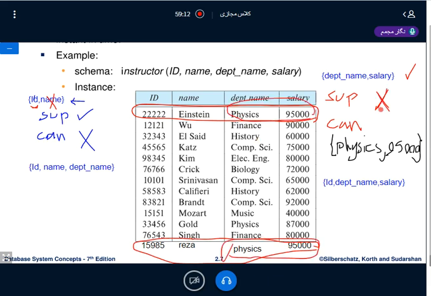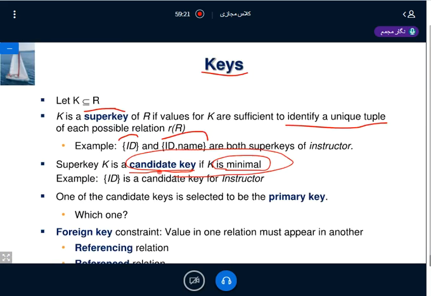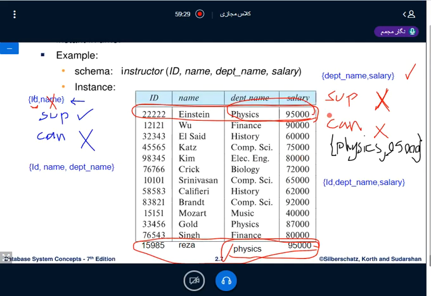I find two tuples, then it's not unique data, then it's not a super key. And because it's not a super key, then it's not a candidate key. Because a candidate key is a super key that is minimal, then it must be a super key first. And here it's not a super key, then it's not a candidate key too.